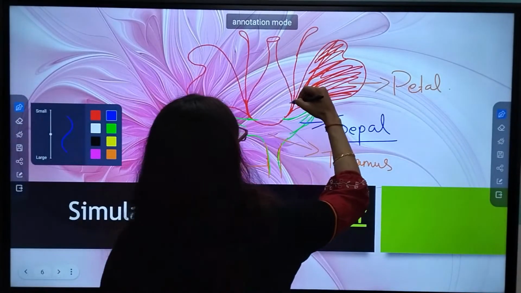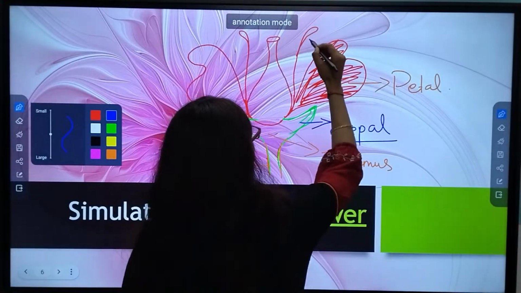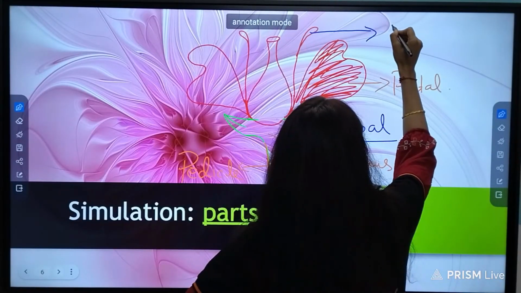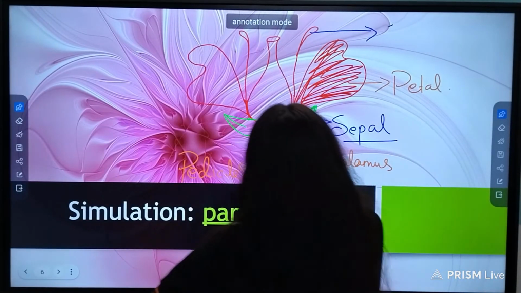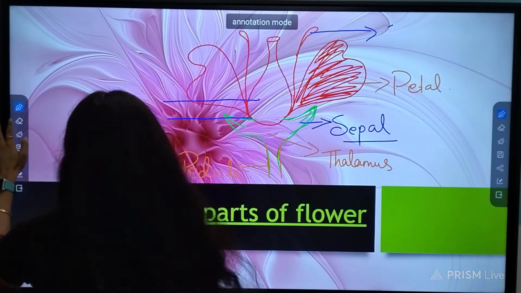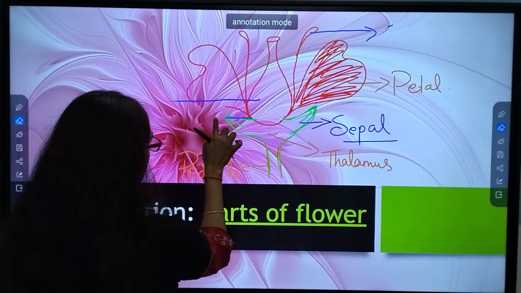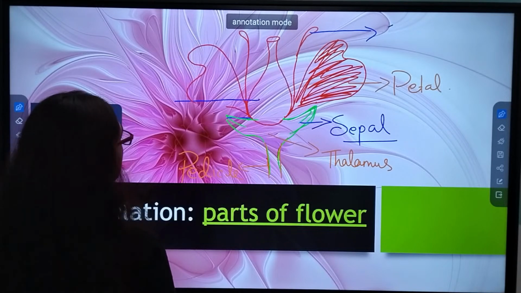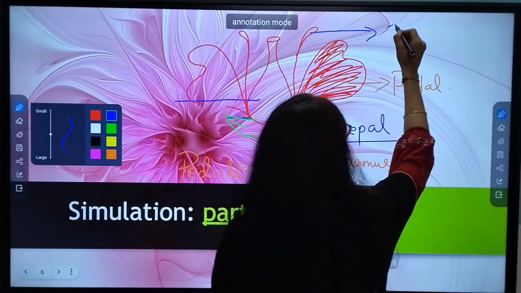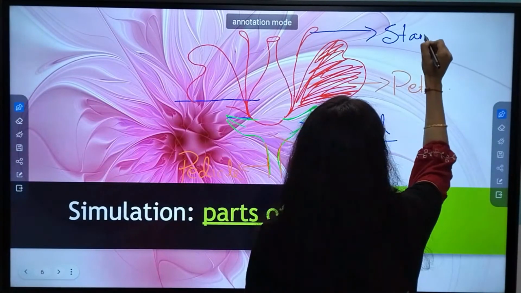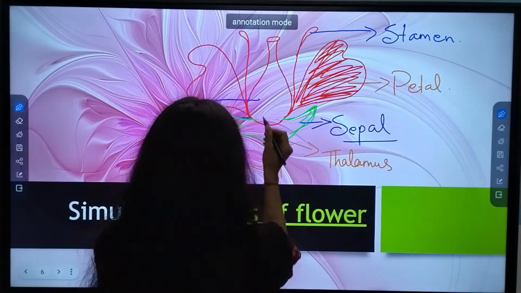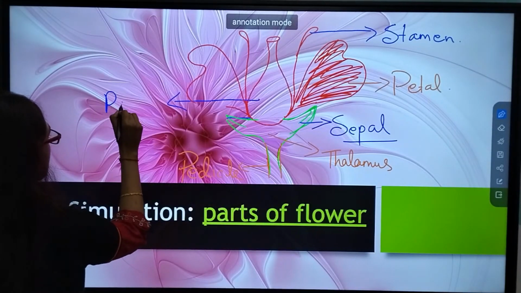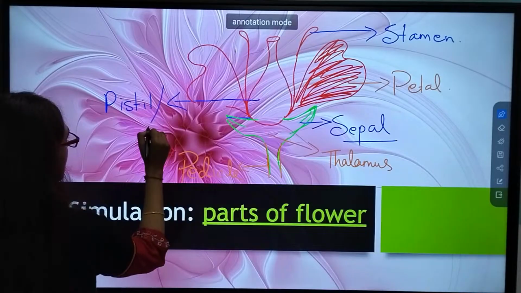Now this thin filament-like structure is known as stamen, and this pot-like structure is known as pistil or carpel.